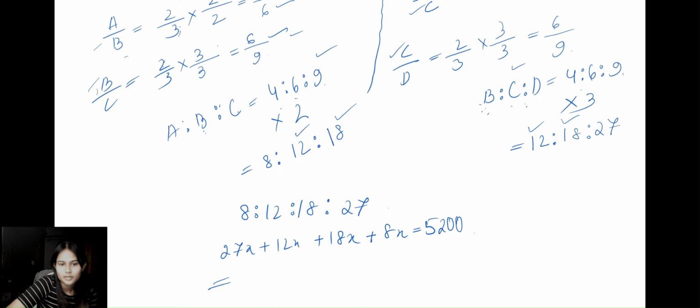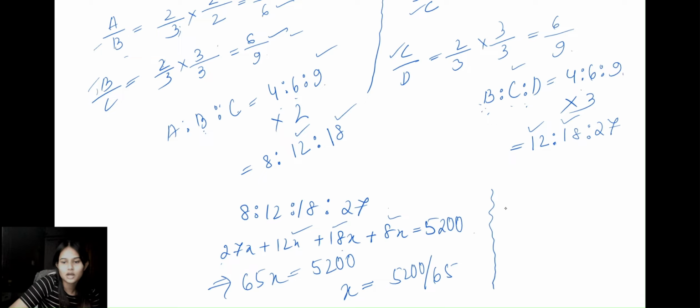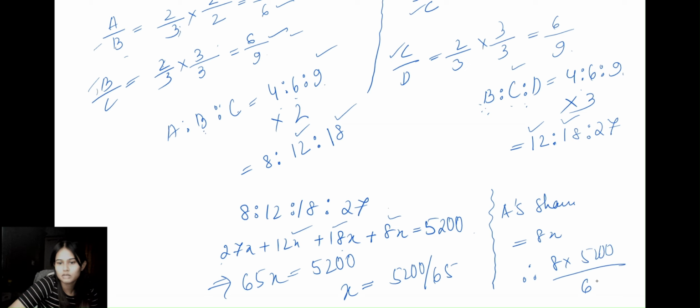If we add this up, we get 65x equals 5200. Therefore, x equals 5200 by 65. Now, when we are asked about A's share, A is 8x. Therefore, 8 into 5200 divided by 65.